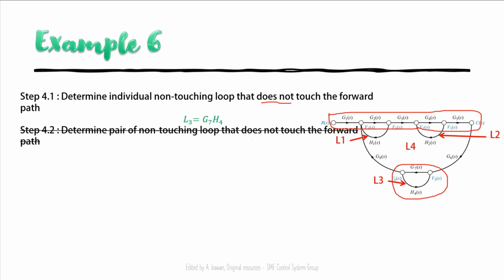We don't have that pair of loops. We only have a single loop that does not touch the forward path, and so on. So we skip the next part of step 4.